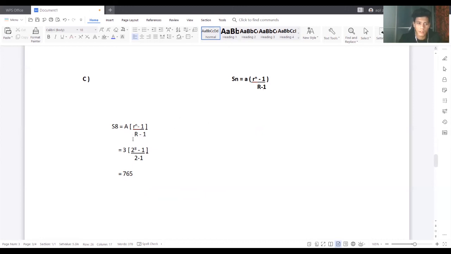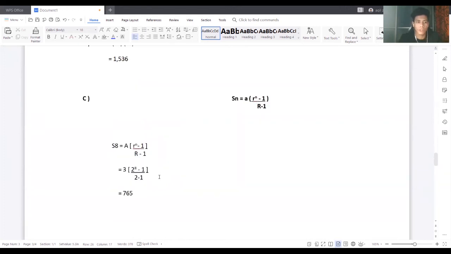And then for the second part, we just need to apply and simplify it, and then the answer will be 765. That is the answer for question C.